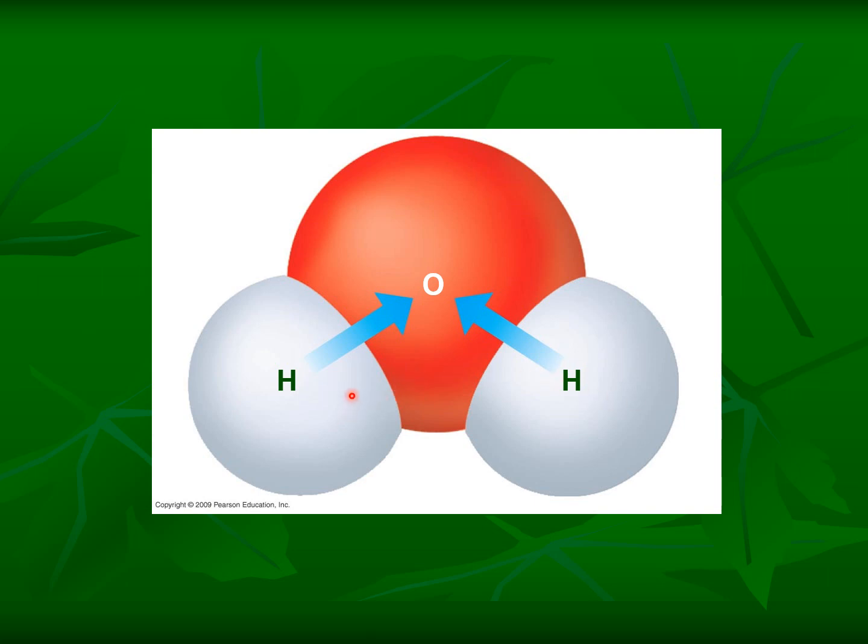So in this case with water, the red is oxygen. It is much larger than the white hydrogen down here. And so you're going to share a pair of electrons with each of these. So there's a pair here and a pair over here of electrons being shared. But because oxygen is so much larger, it's pulling those electrons closer to it and away from the hydrogen.